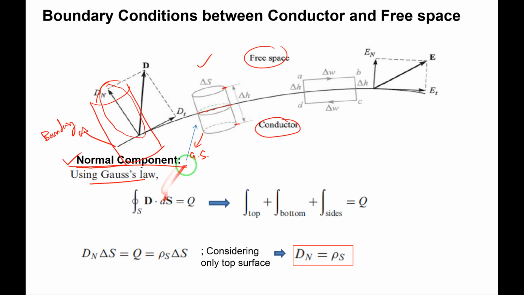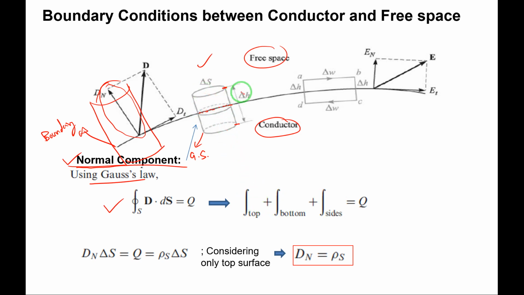So let me call the total amount of charge enclosed by this Gaussian surface Q. By Gauss law, closed surface integral of D dot dS equals Q, and we have to integrate throughout the entire surface. It has the sides of the cylinder, top surface and bottom surface. But since the charges reside only on the surface, we will consider only the top surface.